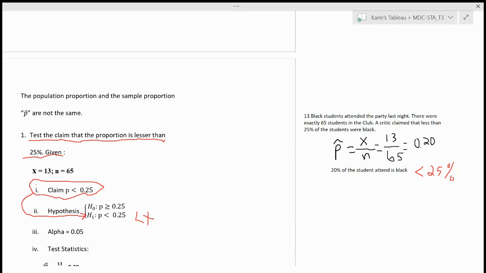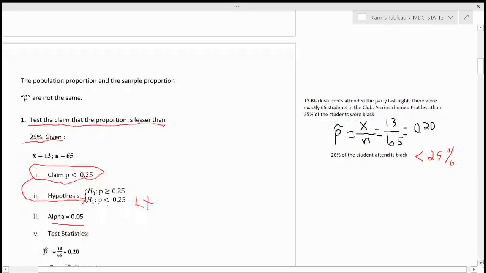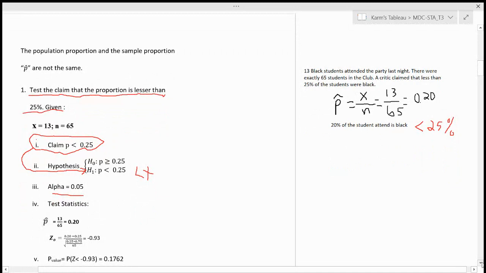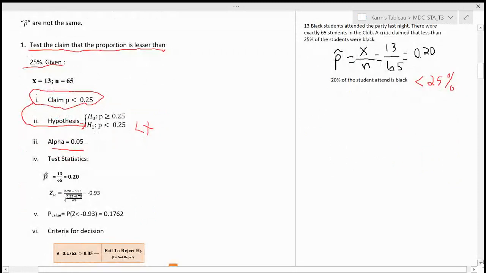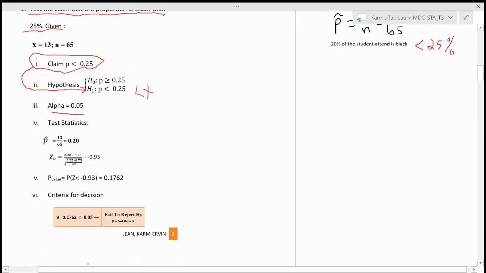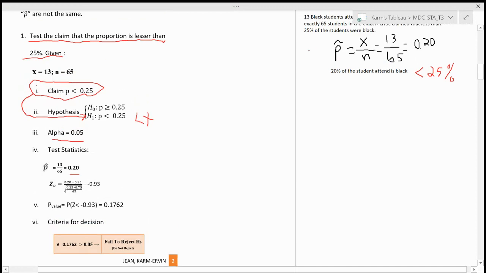Alpha was not given to me, as you can see. So by default, I'll put 0.05. Then this is what I got. I find p hat, which is 0.02, just like you got it earlier for me, right here.